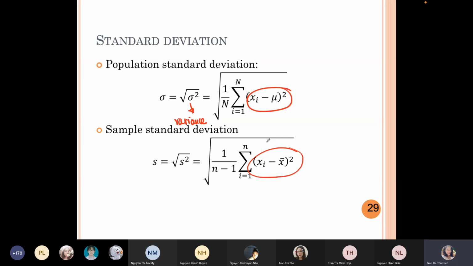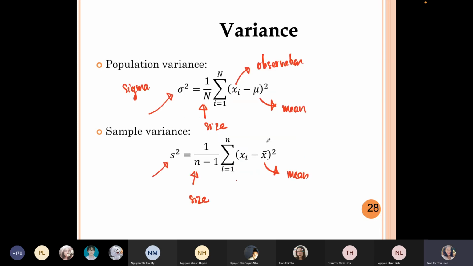It's about the difference between the value of each observation and the mean. So the meaning of standard deviation and variance is to measure the difference between each observation and the mean.